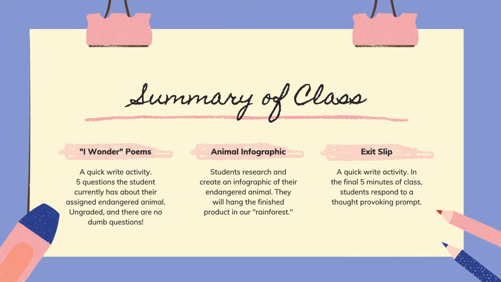Or another prompt is why should we save endangered animals? I leave it up to them which question to answer. Giving them those options gives them that sense of agency. I feel like little autonomous beings.